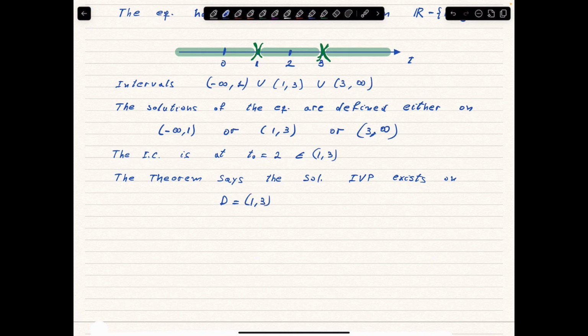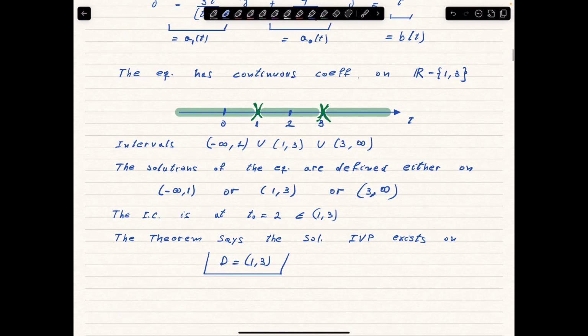That is for sure. Maybe we can extend the solution, but that depends on particular examples. In general, that's all we can say.